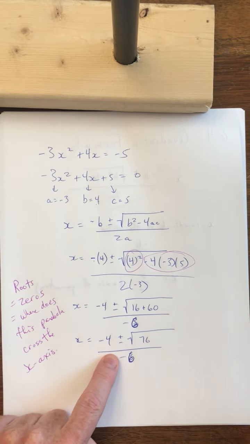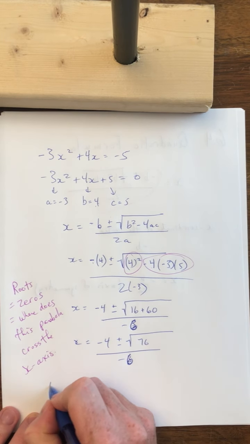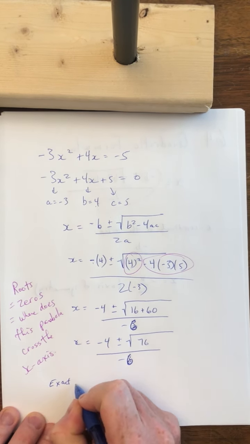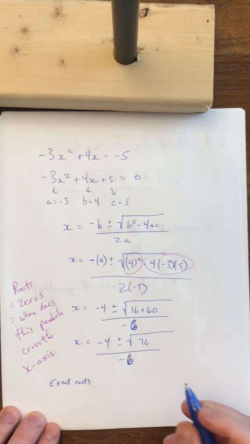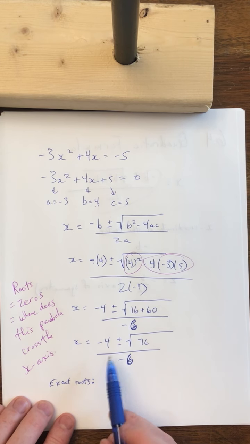So this is our answer, and I'm going to take it one step further. So these are the exact roots. And the exact roots are where this parabola crosses the x-axis at two places.